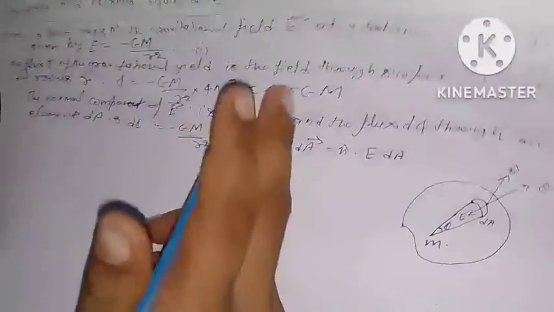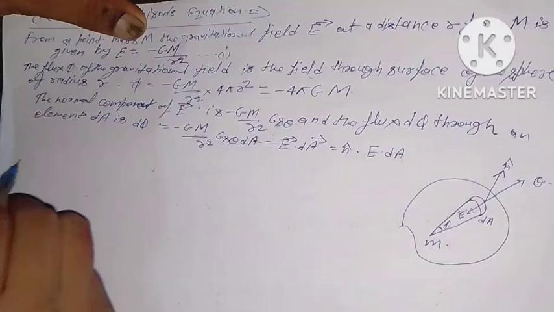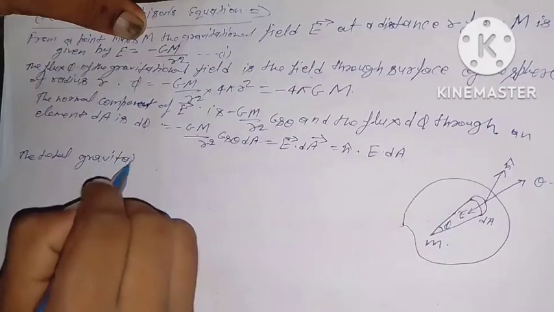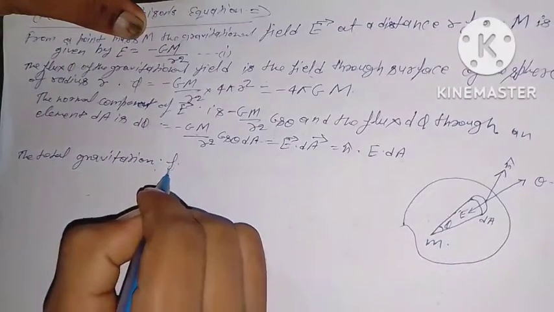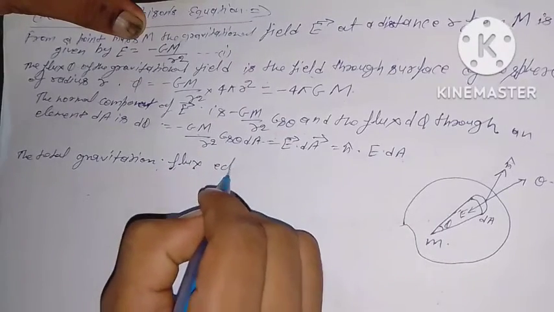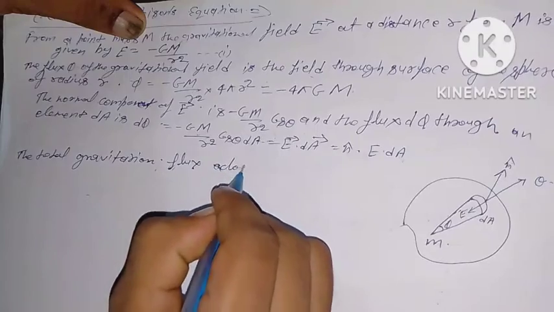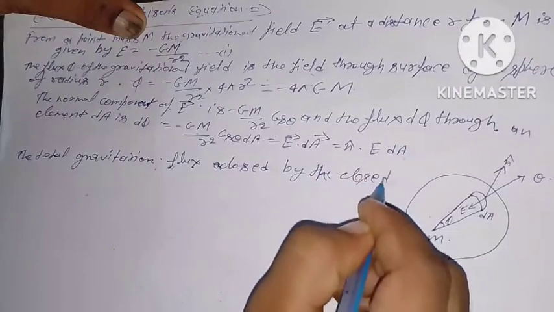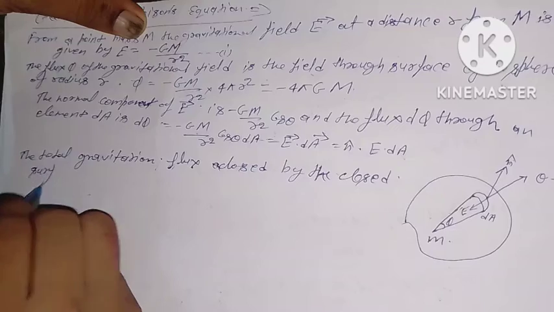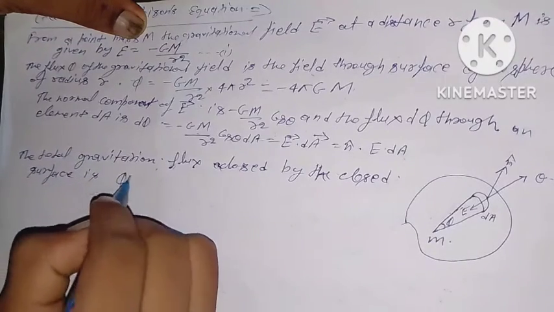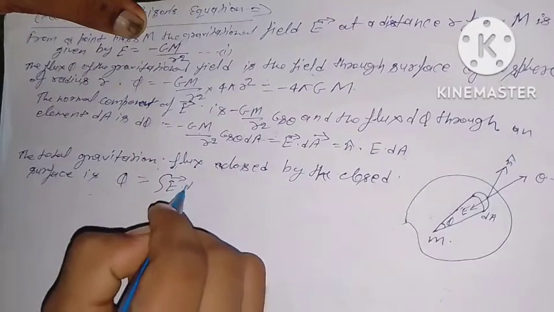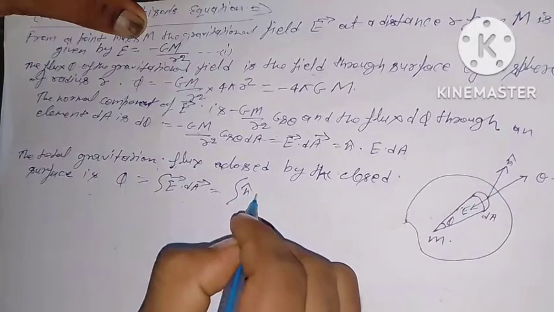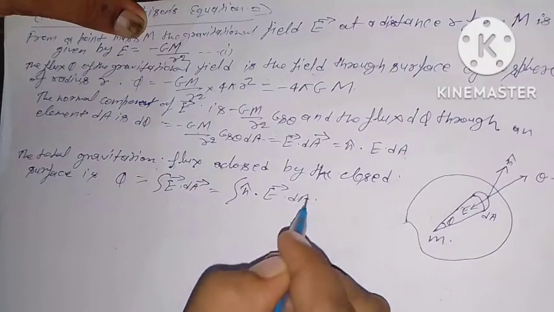So the total gravitational flux enclosed by the closed surface is phi, the integration of vector E dot vector dA, equals unit vector N dot vector E dA.